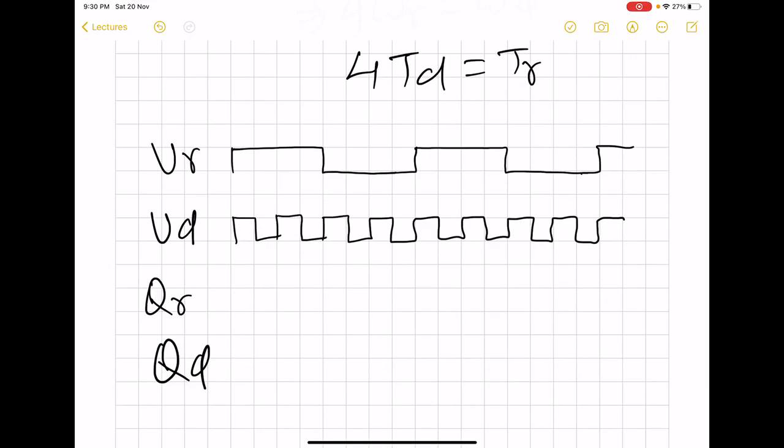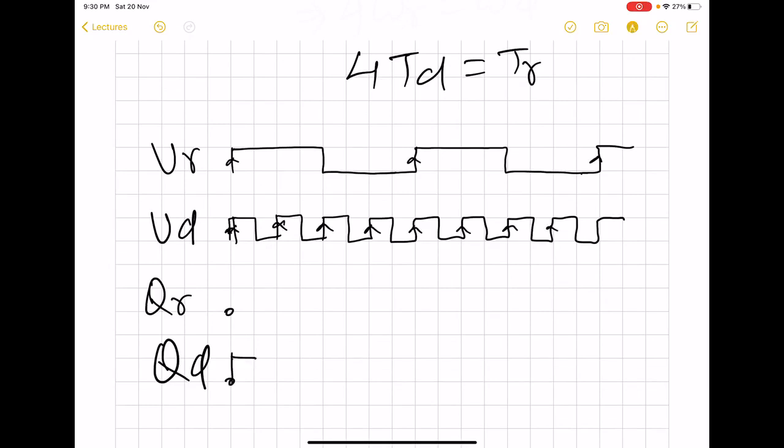So here we see that the rising edges of VD are obviously going to occur with more frequency, and they will occur earlier compared with VR. So we can assume that this rising edge is somewhere here, and occurs before the VD. So we see that both the systems start from 0, 0, but the rising edge of VD occurs first.